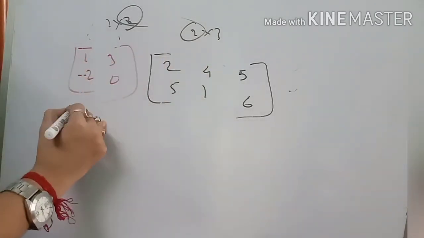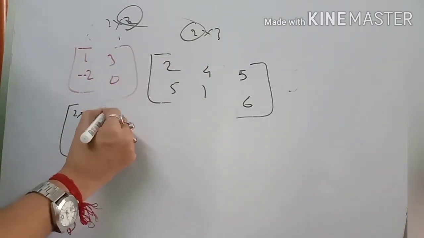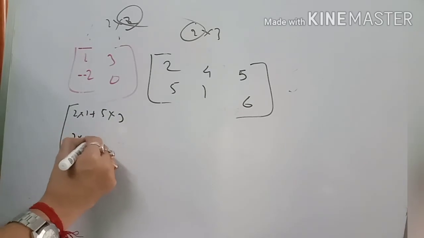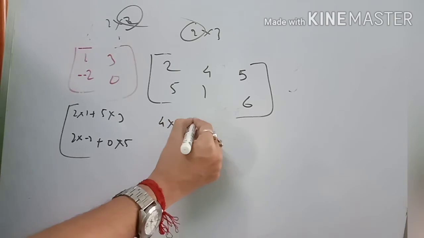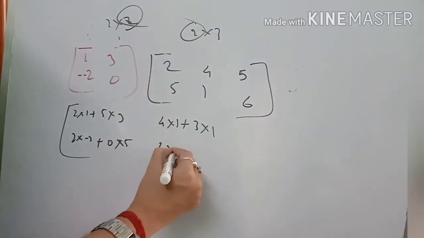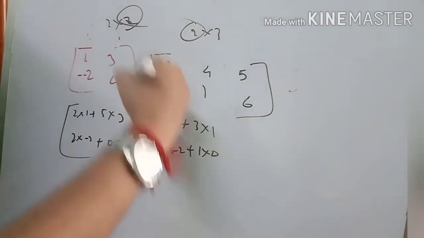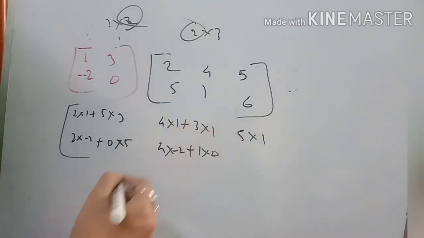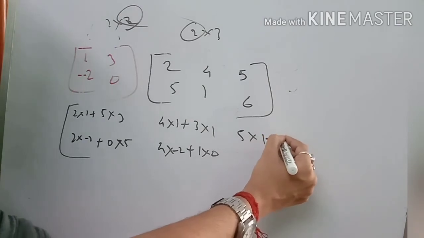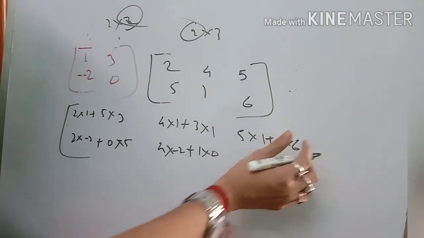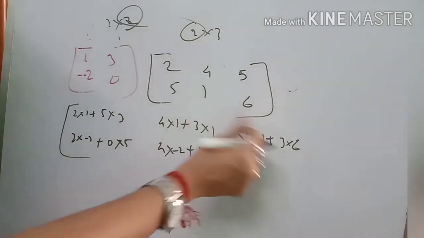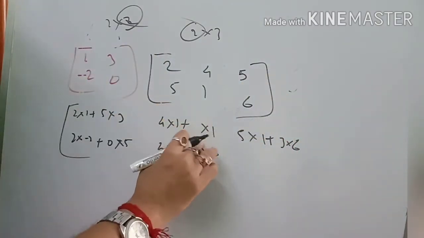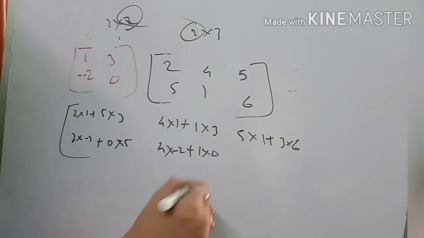It's possible. So again, same thing: 2 into 1 plus 5 into 3, 2 into minus 2 plus 5 into 0, 4 into 1 plus 3 into 1, 4 into minus 2 plus 1 into 0, 5 into 1 plus 3 into 6. Hold on, doesn't make any difference, but still.